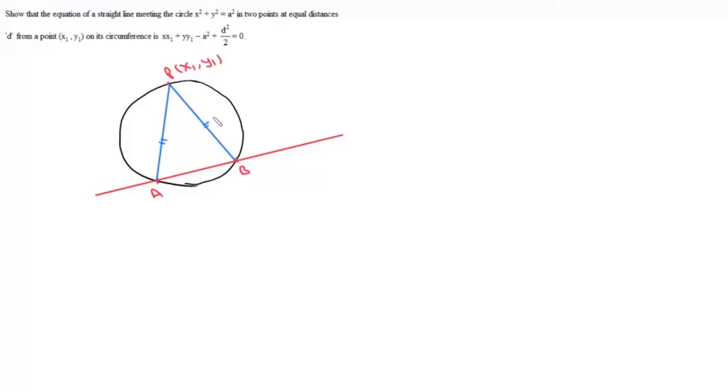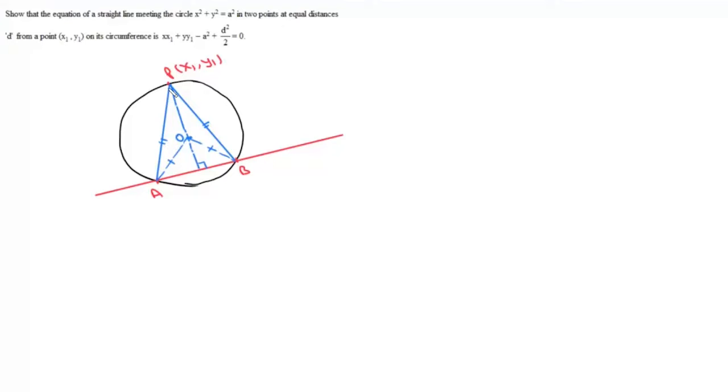So this is an isosceles triangle. Now we draw a perpendicular. This is 90. And this is also isosceles. So origin will have this perpendicular.